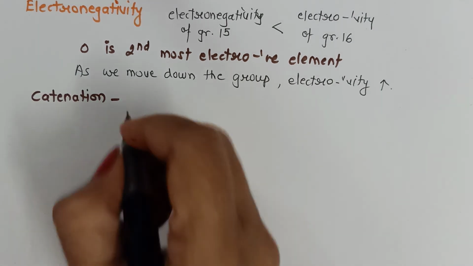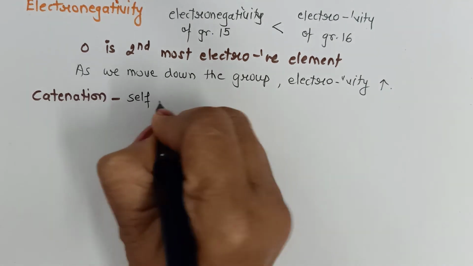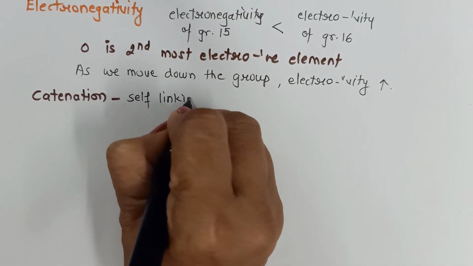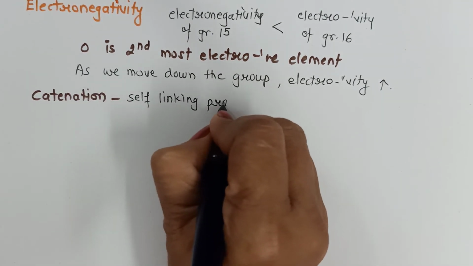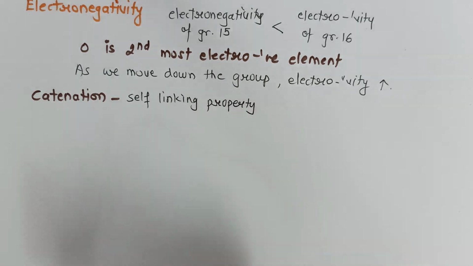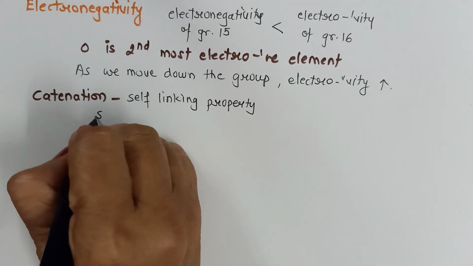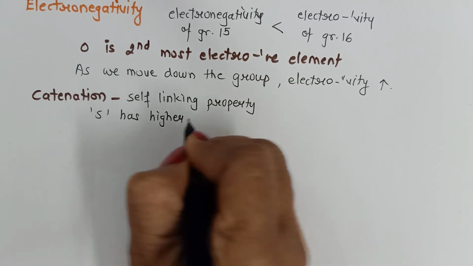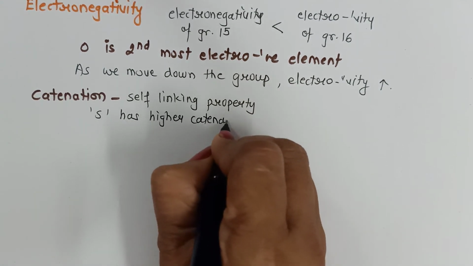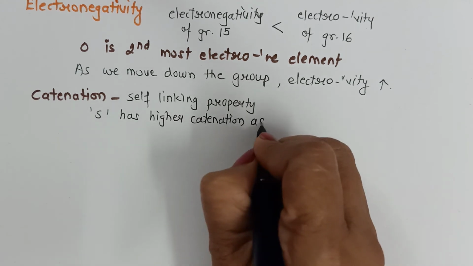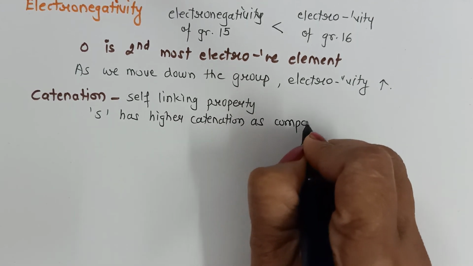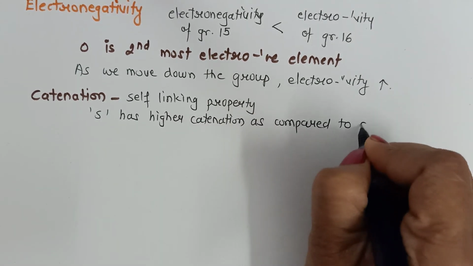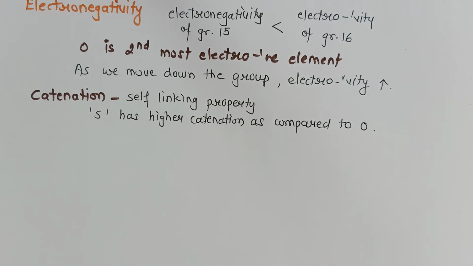Catenation. What is the meaning of catenation? It is self-linking property. If we discuss group 16 elements, sulfur has higher catenation tendency as compared to that of oxygen. Important give reason question.